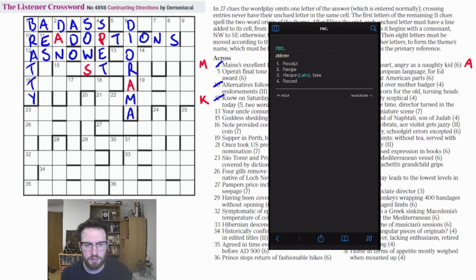Right. Why not look at 7? It's another short one. Idiot, cut, head of Naphtali. Seems like an N. Son of Judah. Son can be S. So what's a short word for an idiot?